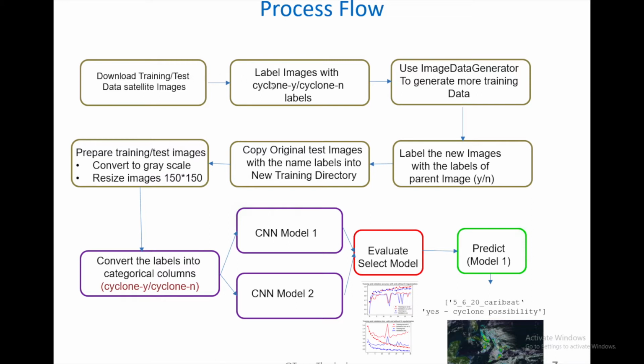So a label was given to each image with cyclone Y and cyclone N in the label, followed by the dot JPEG or PNG file extension. Cyclone Y would be the images which would show that these are developing cyclone images, and cyclone N are the labels for those images which are non-cyclone images.